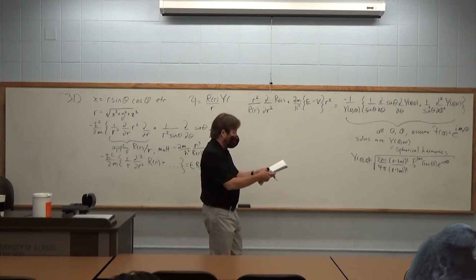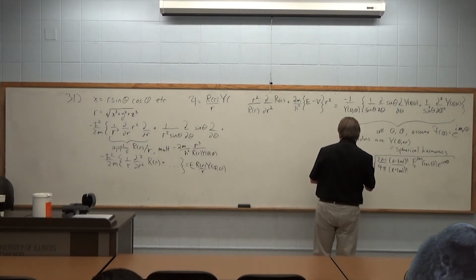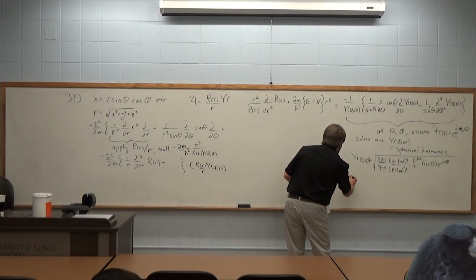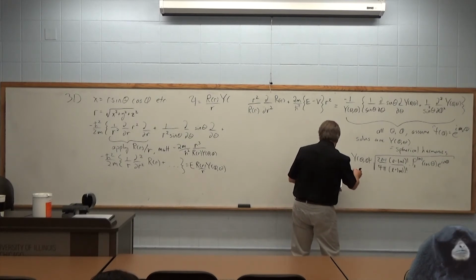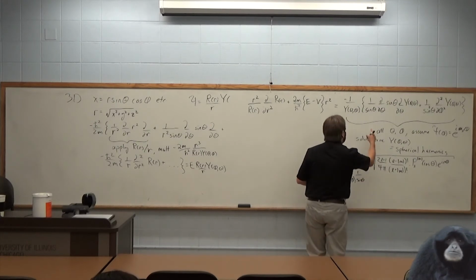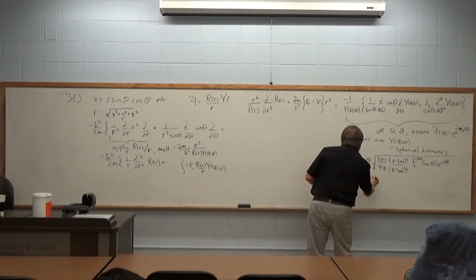Now here's the thing. When you plug this in, let me write out the formula. I'm going to write out the whole thing again. If you look up how you solve this, you will see that it is separated.